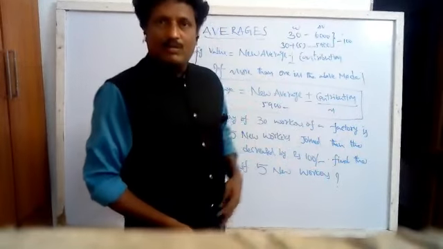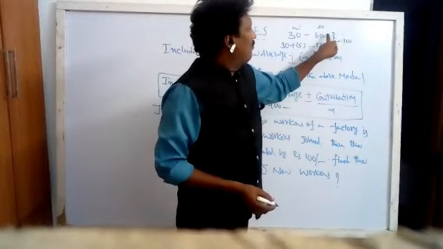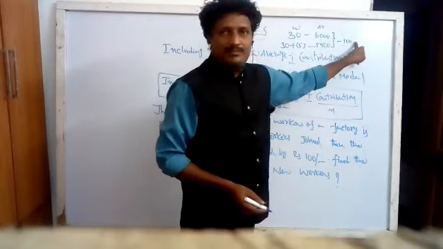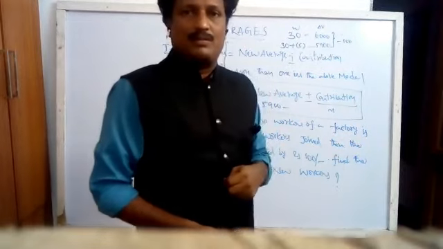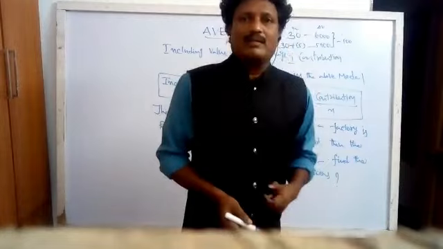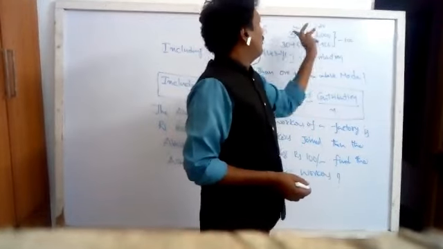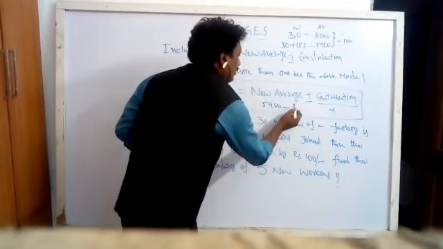Contribution, I have already told you what it means. The difference of the old average and new average is nothing but 100. If you multiply this 100 with the original strength, we get the contribution. So 100 into 30 is 3,000.